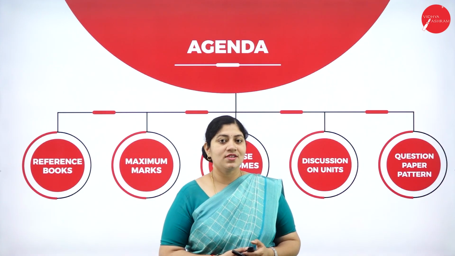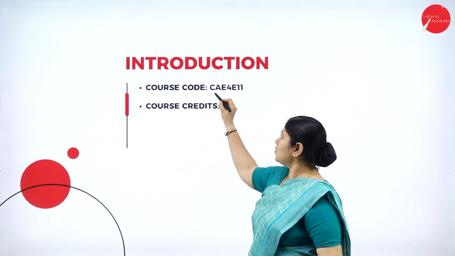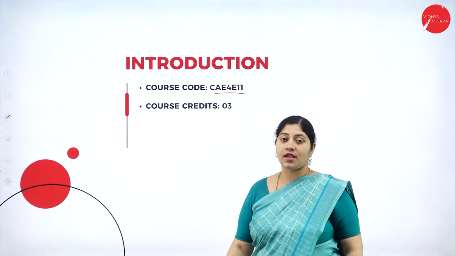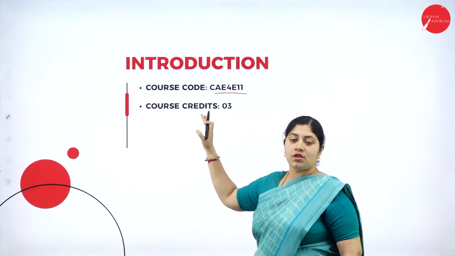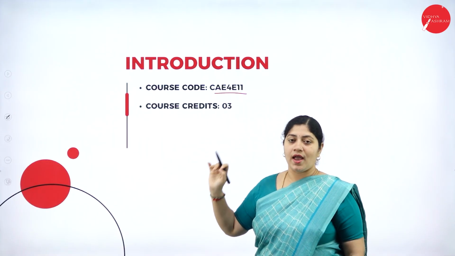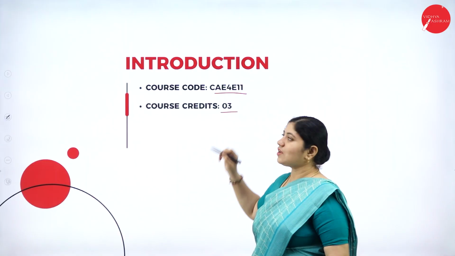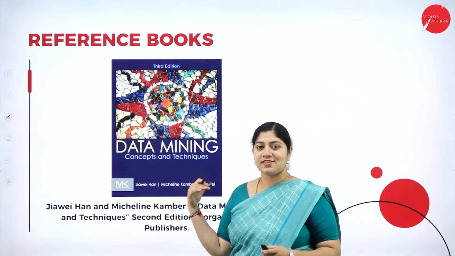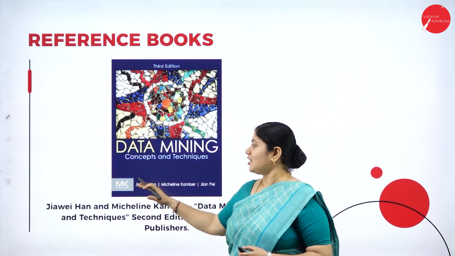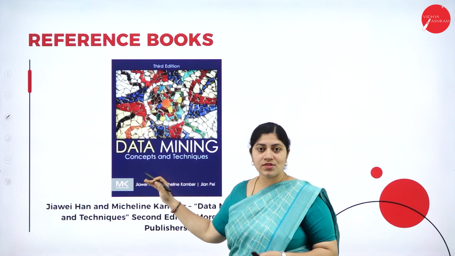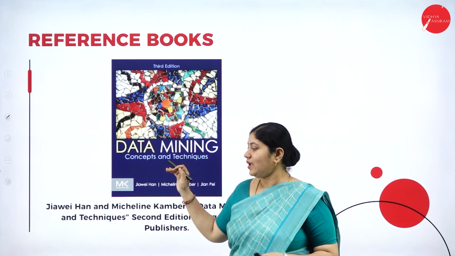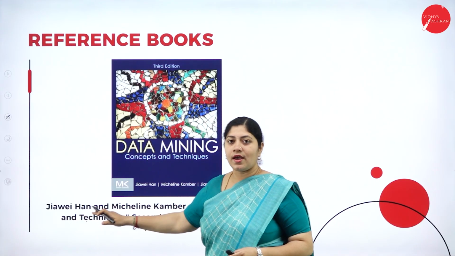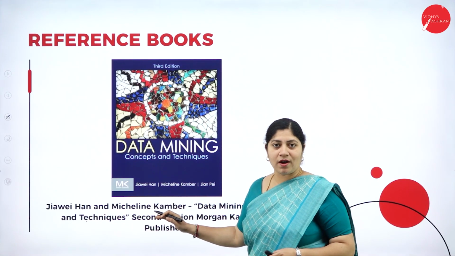Let's begin our session. Here, the course code of the subject is CAE 411. So this is the course code and the number of credits which has been allotted for the subject is 3. Next, the standard book of reference. It is none other than Data Mining: Concepts and Techniques by J. Han and Michael Kamber.